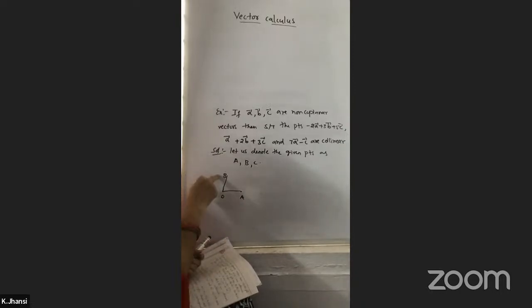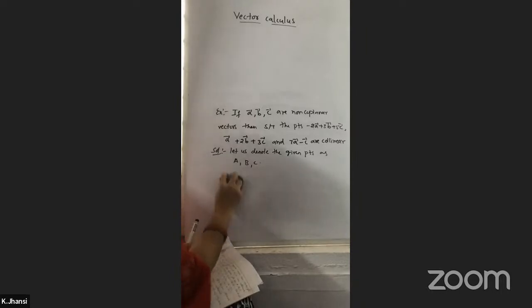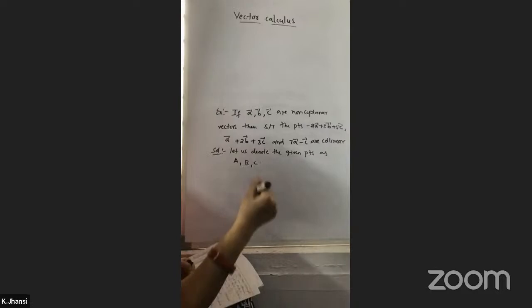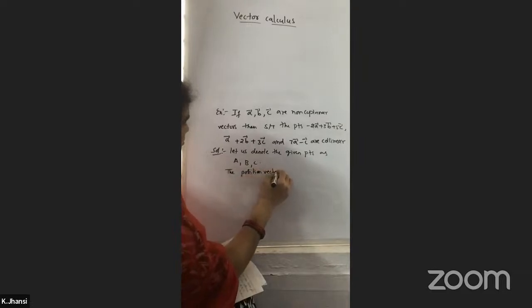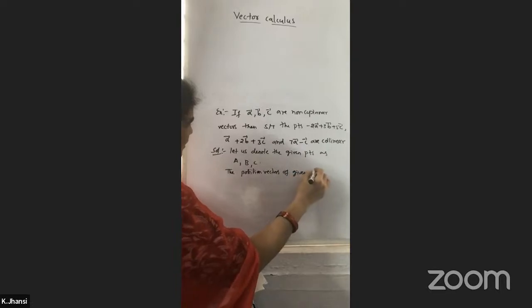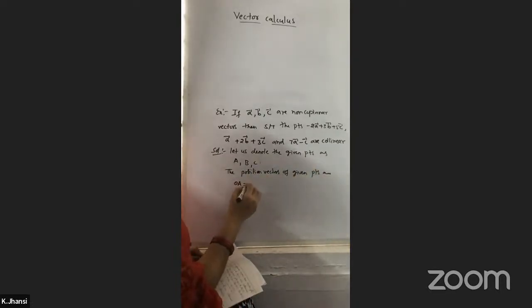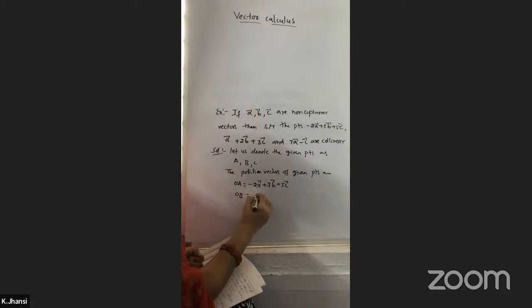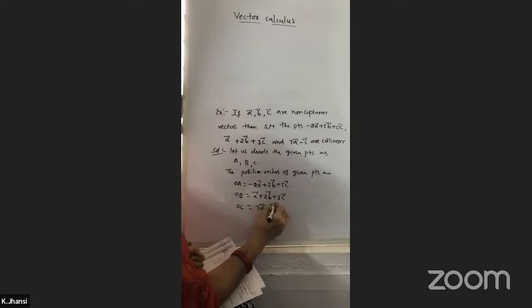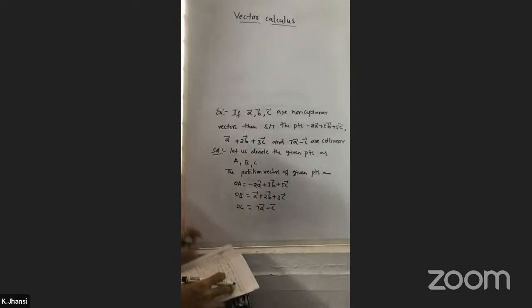Position vector of A is OA, position vector of B is OB, and for C it is OC. So the position vectors of the given points are OA equals minus 2A plus 3B plus 5C, OB equals vector A plus 2B plus 3C, and OC equals 7A minus C. Okay. These are the position vectors of the given points.